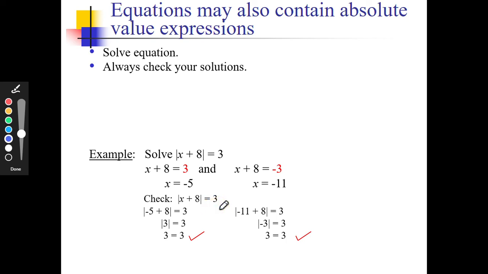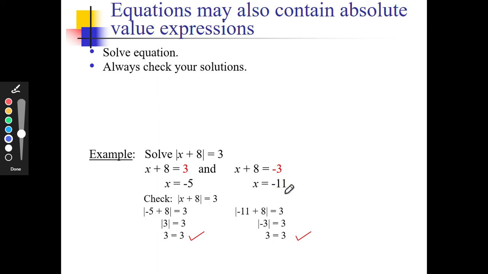Now, because the left-hand side is equal to the right-hand side, this solution is also a true solution.